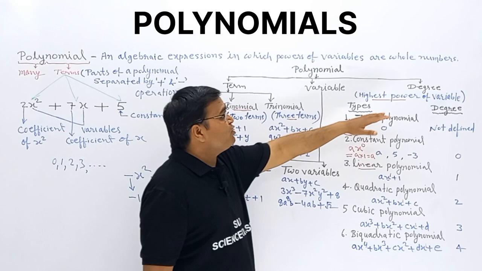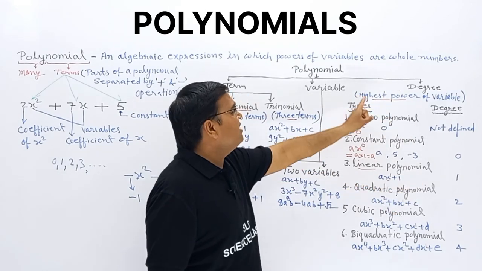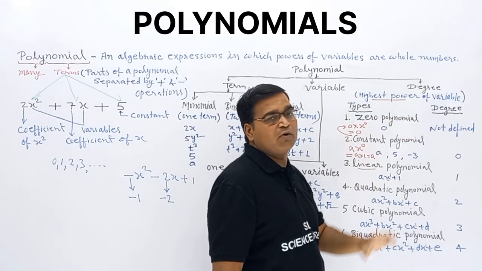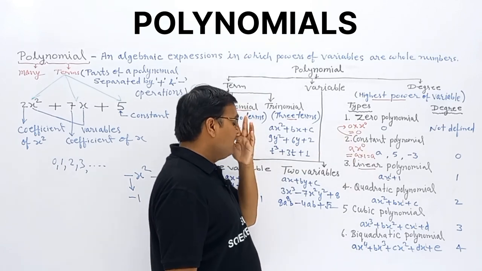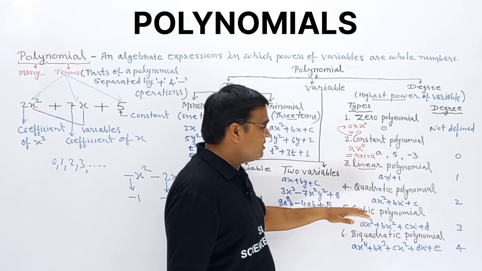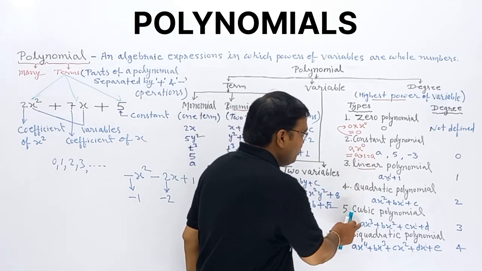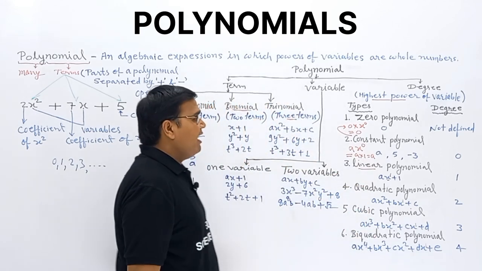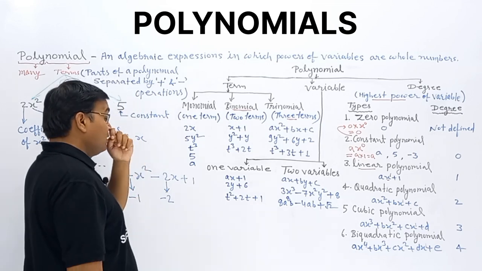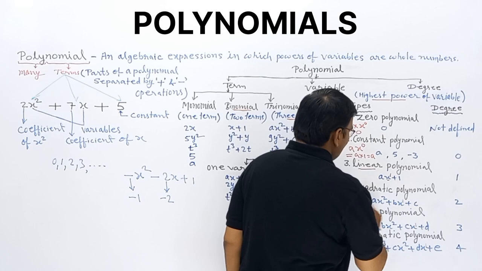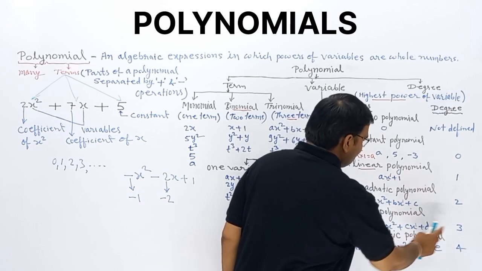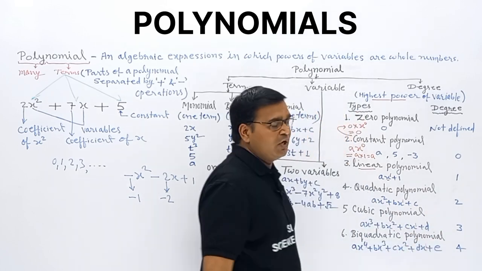Now after this we studied degree. Degree is the highest power, the maximum power of a variable. Now we have different types of polynomials: linear polynomial, the general form is there, quadratic one, cubic one, and biquadratic. And their degrees are: linear has 1, quadratic has 2, cubic has 3, and biquadratic has 4.